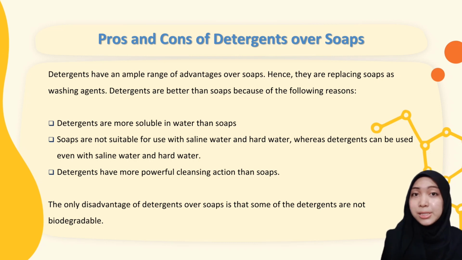First of all, detergents are more soluble in water than soaps, and soaps are not suitable for use with saline water and hard water, whereas detergents can be used even with saline water or hard water. And last, detergents have a more powerful cleansing action than soaps. The only disadvantage of detergents over soaps is that some detergents are not biodegradable.